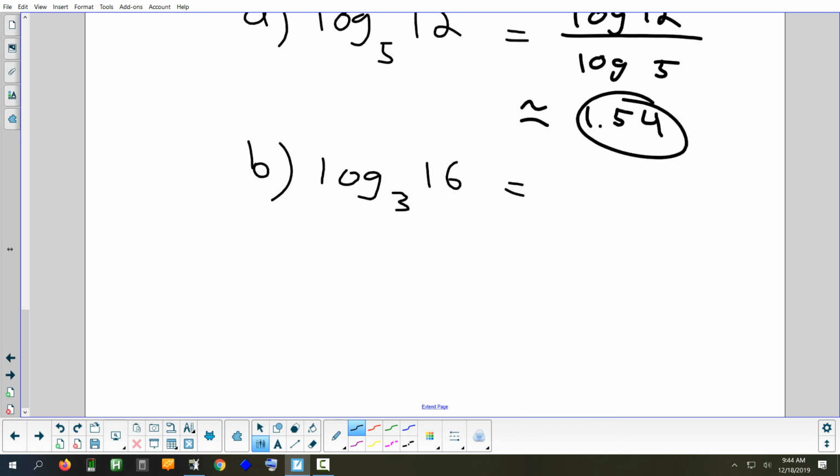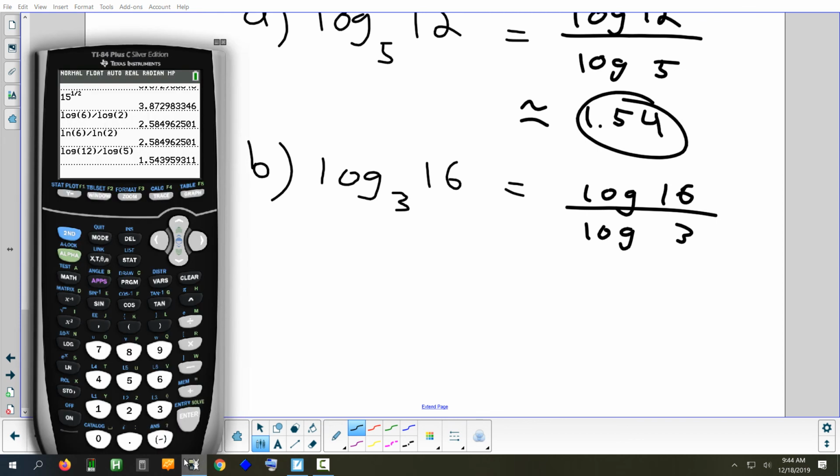And example B. Megan, how would I rewrite that so I can type it in? Log 16 or log 8. And if you want to check it with ln, I showed you guys once, you get the same answer, but you can do it if you want. Log 16 divided by log 3.